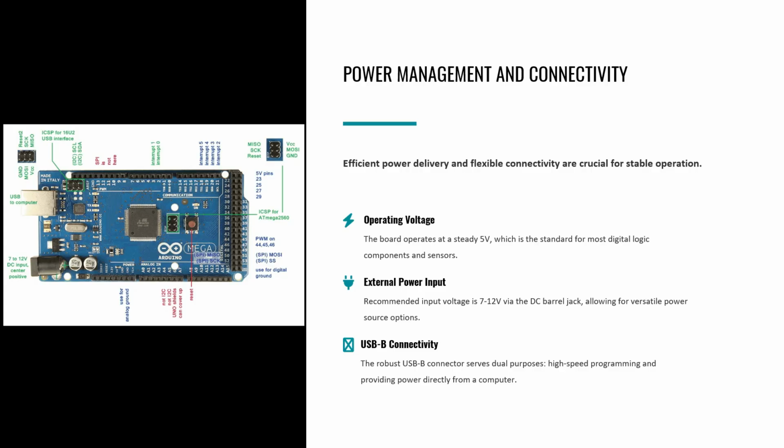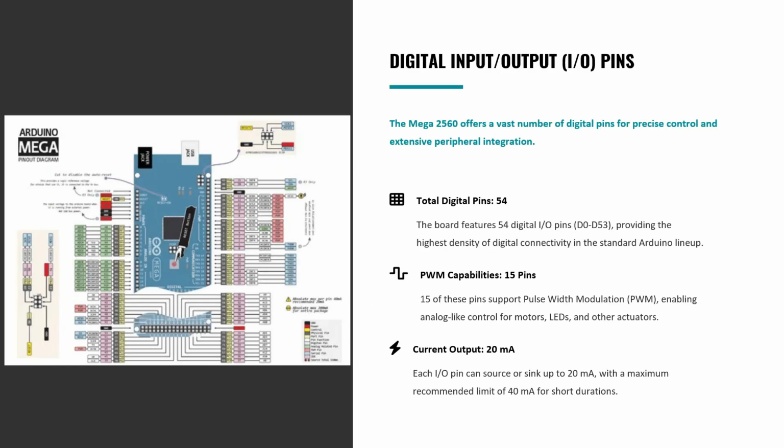Digital input and output pins. One of the most important features of the Arduino Mega is its large number of digital input and output pins. The board provides 54 digital pins, labeled from D0 to D53. These pins can be used to interface with various digital devices such as LEDs, switches, relays, motors, and digital sensors.